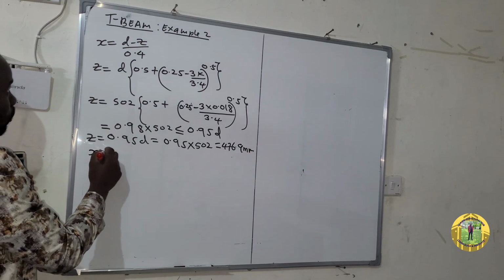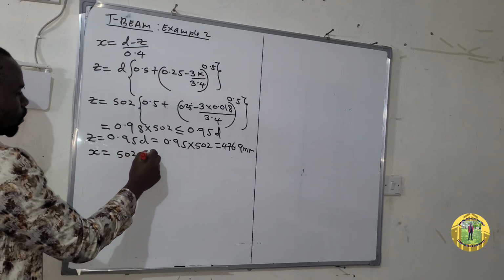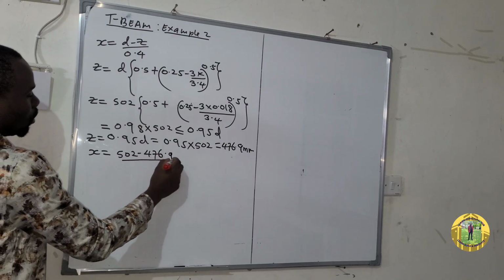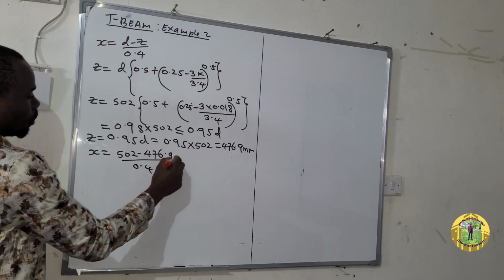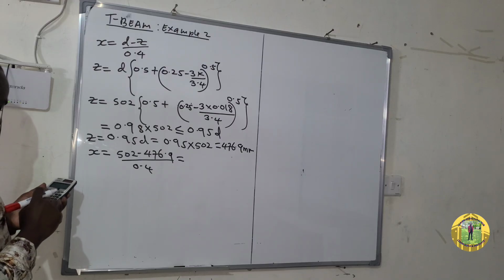Therefore, X is equal to 502 minus 476.9 all over 0.4. So this one is equal to 502 minus the answer divided by 0.4.